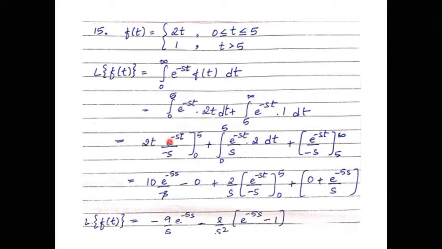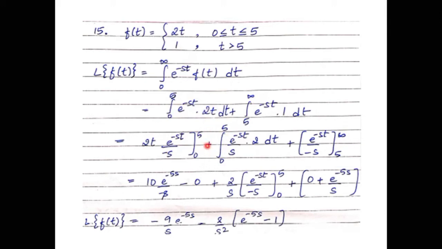Integration of e power minus 2t into... integration of e power minus st by minus s between the limits 0 and 5, plus integral 0 to 5... here it's only, I told, it is plus.